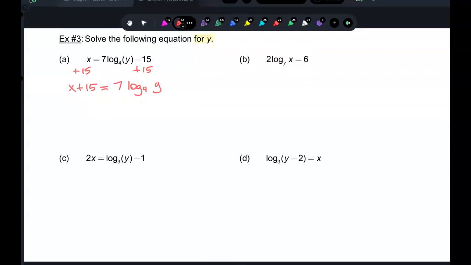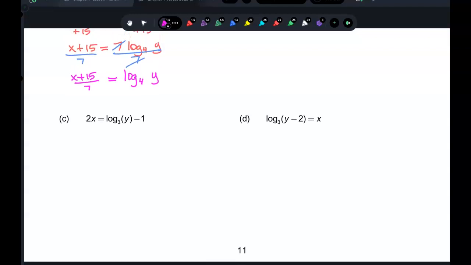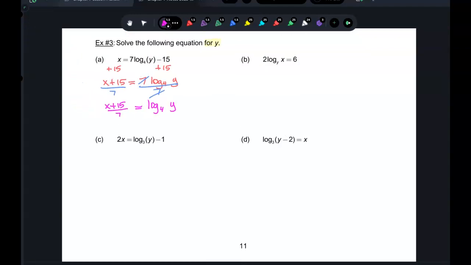Now I want to get rid of the 7, so we're going to divide both sides by 7. So I have x plus 15 over 7 equals log base 4 of y. And now I turn it into exponential. It would have to be 4 to the power of x plus 15 over 7.